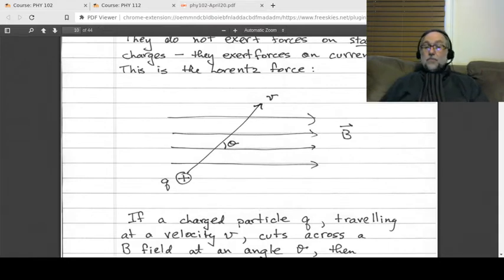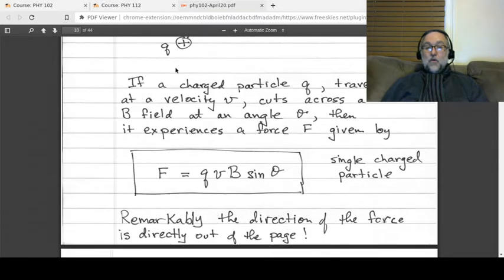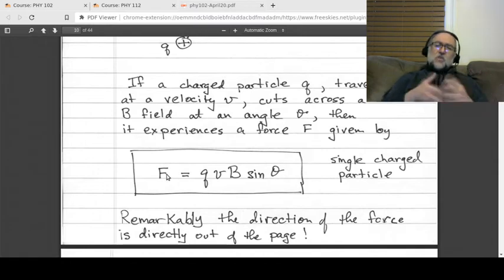Now, that tells you the direction. What about the actual formula to calculate the magnitude of the force? And here it is. There are quite a few ingredients here. The bigger the charge, the more force there's going to be. That makes sense: the more charge, the more electrical substance there is for the field to interact with.